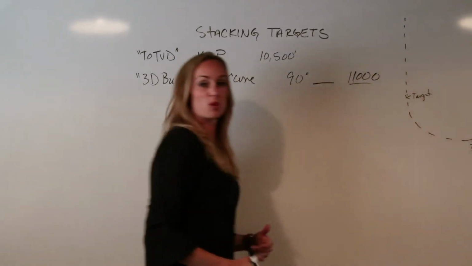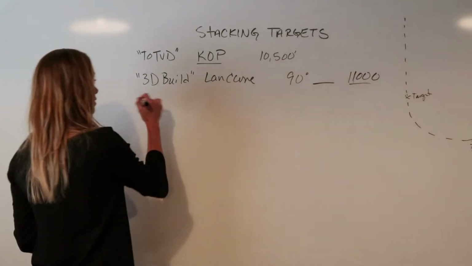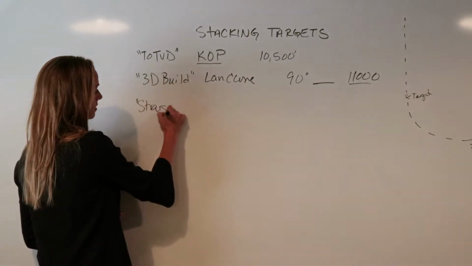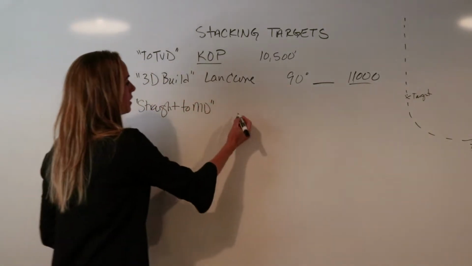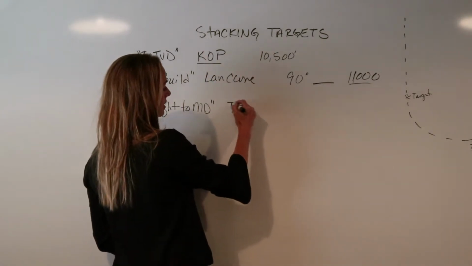Okay, and then we want to finish drilling the lateral, obviously. So I would stack a 3rd target on top of that, and I might call that straight to MD, right? So what I would name it, maybe TDing the well.